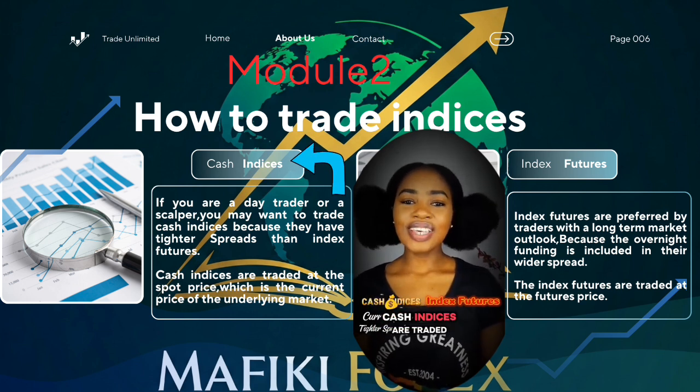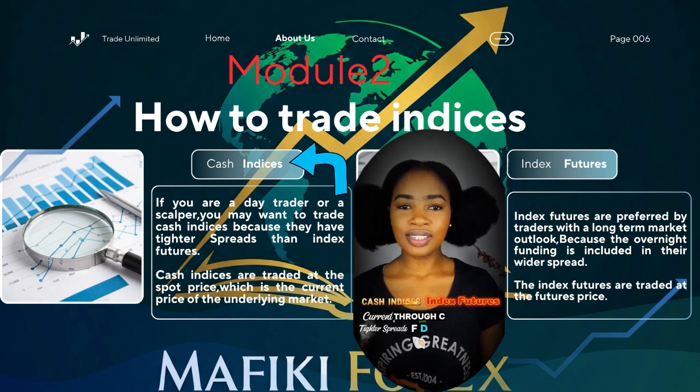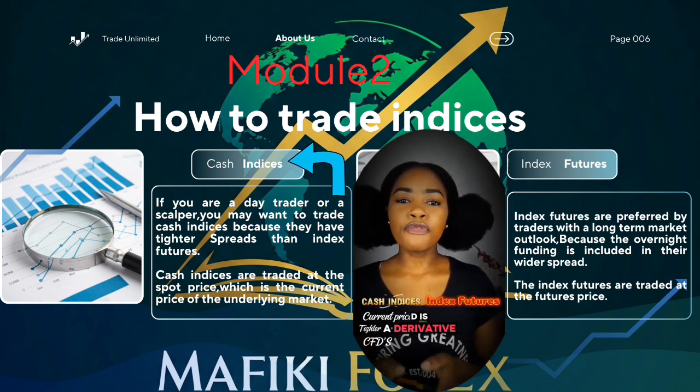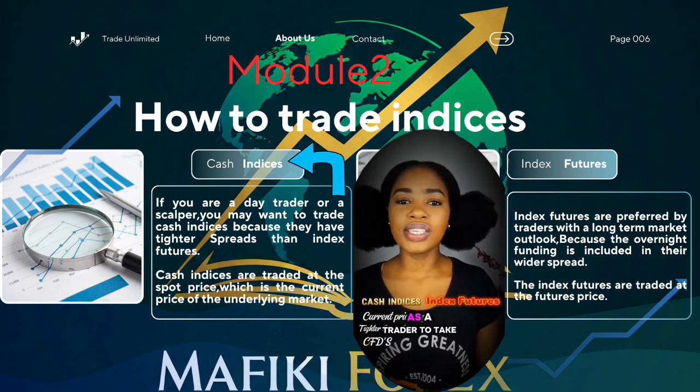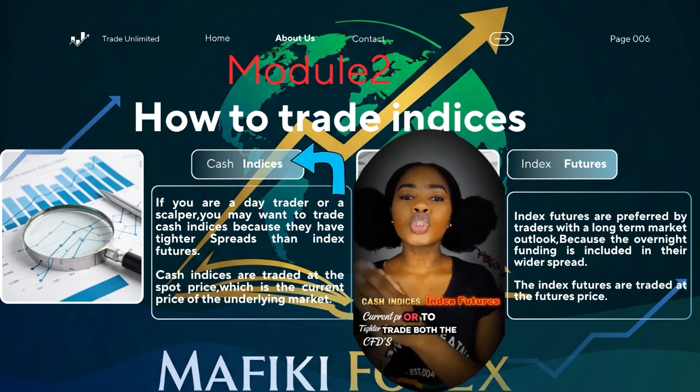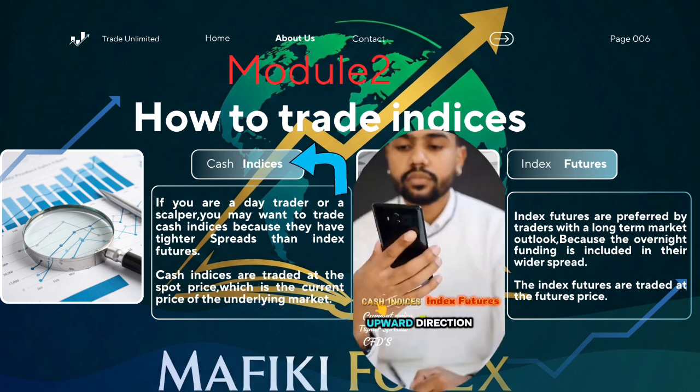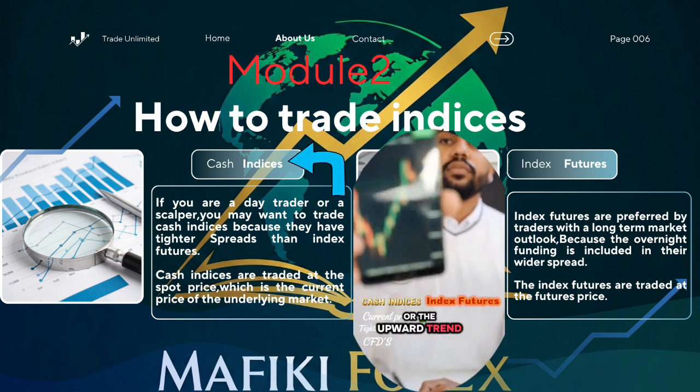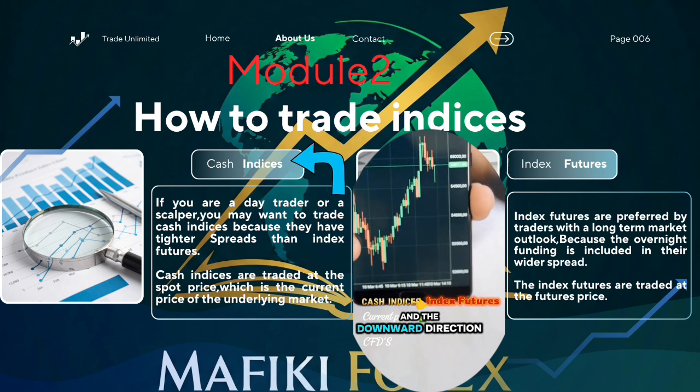Cash indices are traded through CFDs. A CFD is a derivative product that allows you as a trader to trade both the upward direction or the upward trend and the downward direction.